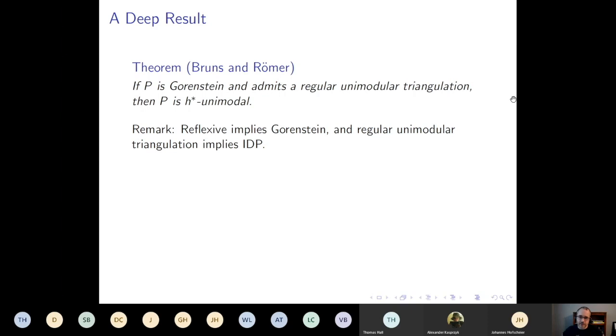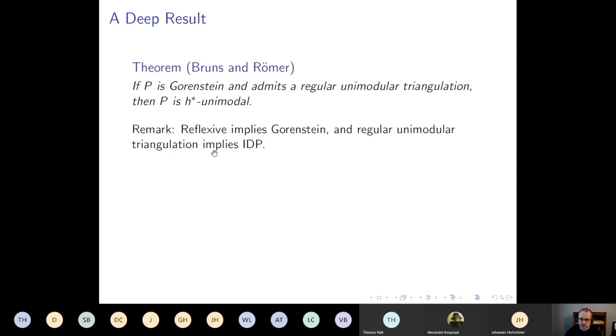So in my opinion, the deepest known result about the relationship between reflexive, IDP, and unimodal is this result due to Bruns and Römer, that if P is Gorenstein and admits a regular unimodular triangulation, then P is H star unimodal. And reflexive polytopes are Gorenstein. So if P is reflexive, it satisfies Gorenstein.